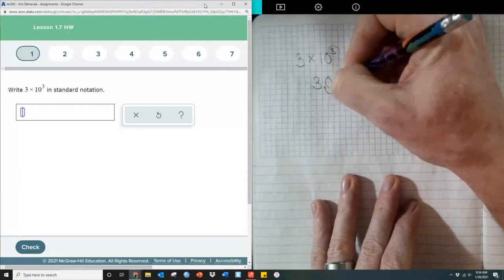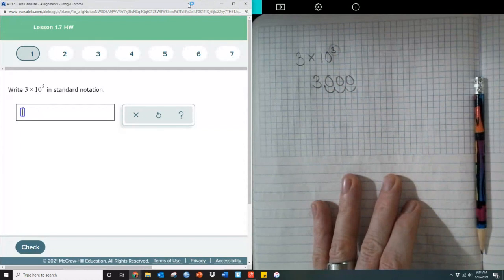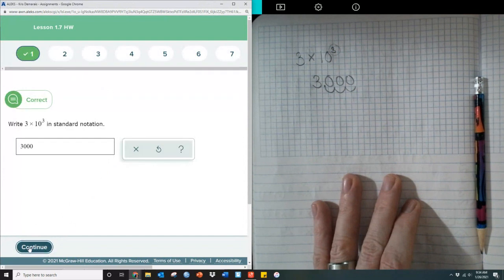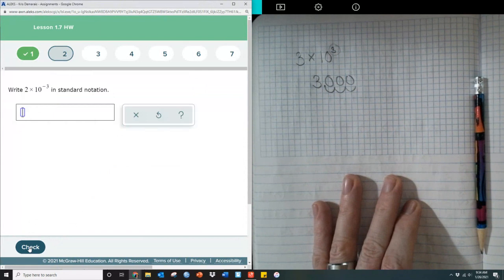And there's our answer. That's how easy this is for scientific notation. So our answer is 10,000. It is not hard. If it was 7, you move it 7 times.